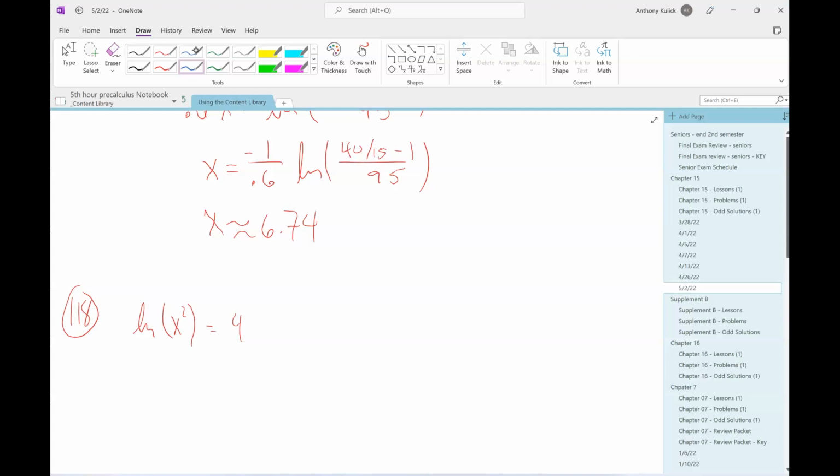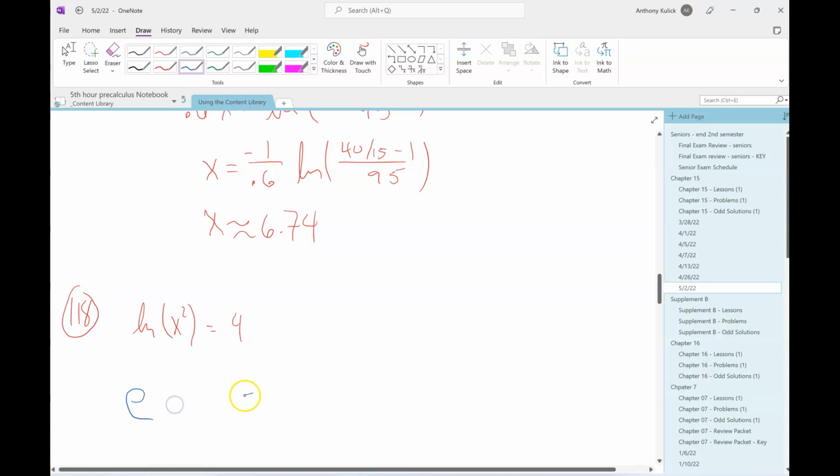Not 10. e. I want the base of my exponent to match the base on my logarithm. So I'm going to do exponent base e to both sides. And I try to write that exponent base really big so you can't mistake it for multiplication.